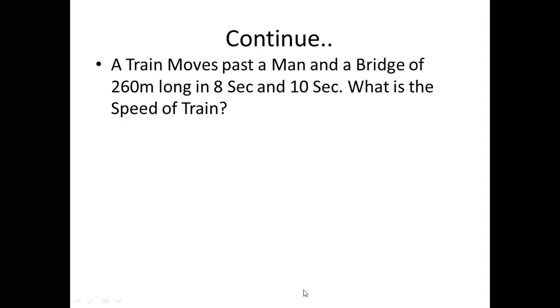Yes, till then you can read the lines, and this is where we have ended in the last class. So resuming from there only, we will have few questions regarding train problems.